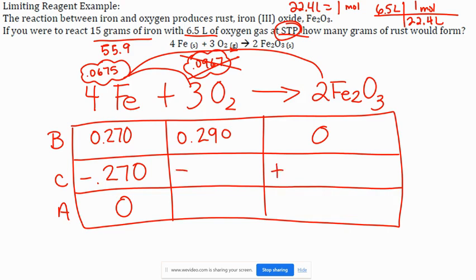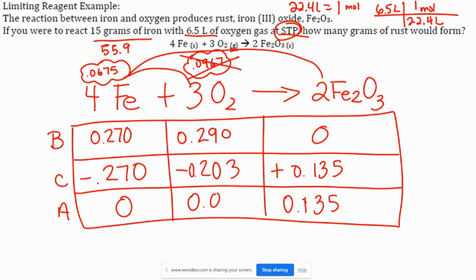So this is 0.203, and this is 0.135. And I'm going to have some of this left over. So this is called my excess reactant.